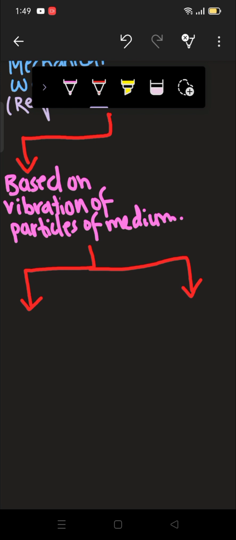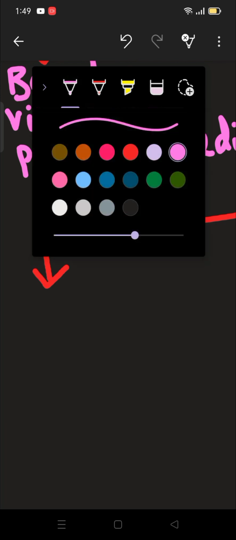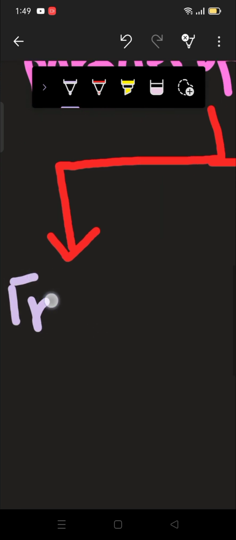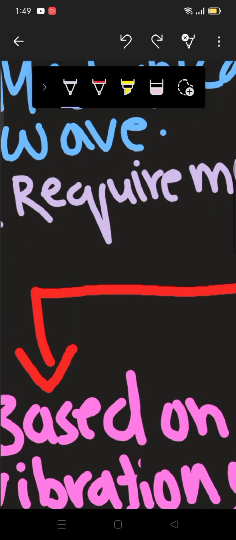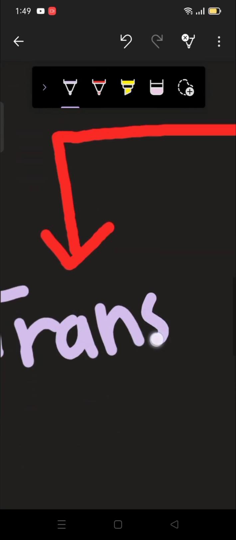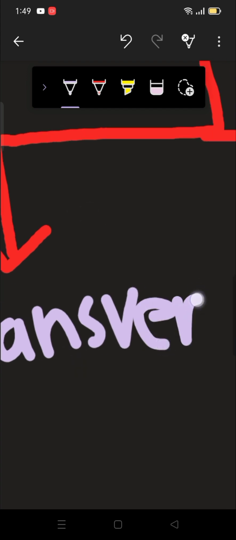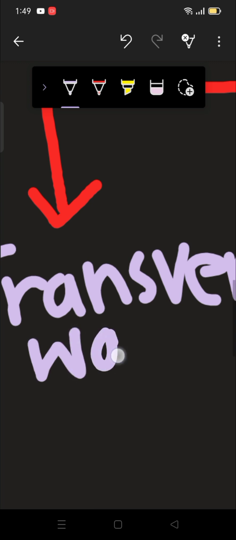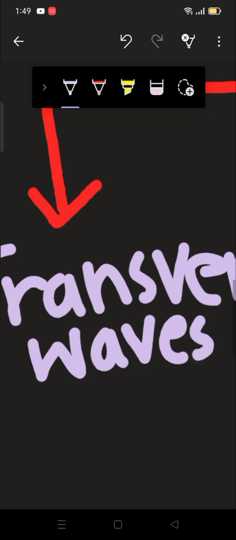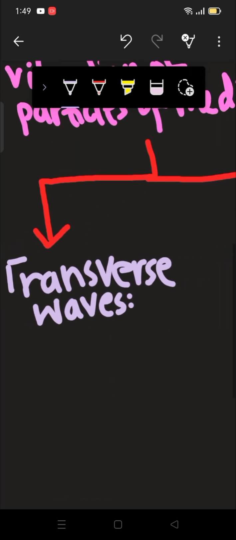So there are two types. The first one is the transverse wave.